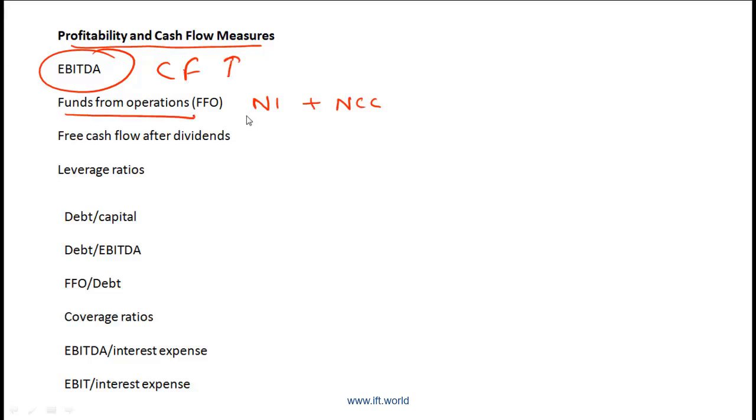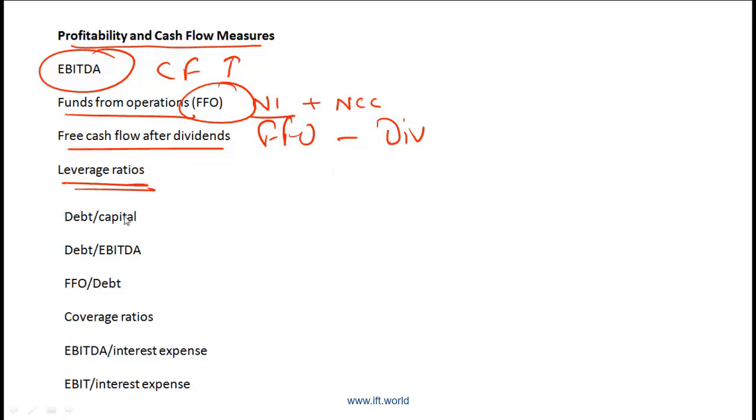Funds from operations, this is a metric used by S&P, and it is essentially net income from continuing operations plus non-cash charges like depreciation, amortization, and deferred taxes. Free cash flow after dividends essentially takes the FFO and subtracts the dividends. We want this number to be high so that there is enough money to pay off debt holders.